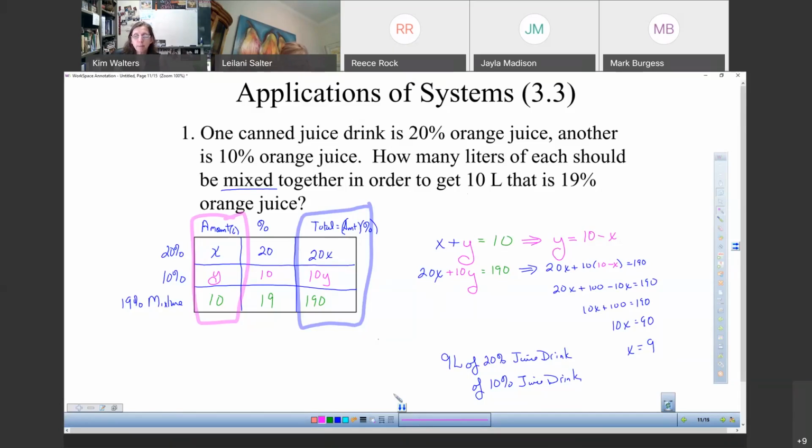Close. Think about the fact that I have to have a total of 10. If you're trying to figure out what this is, think about how much I need to have of the 10% to get a total of 10. Yes, I know, I'm not telling y'all what it is. I'll tell you in a minute.